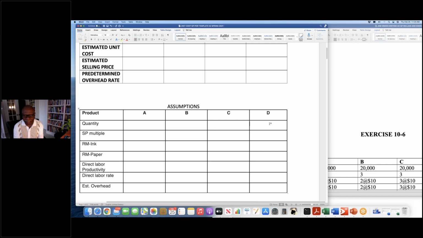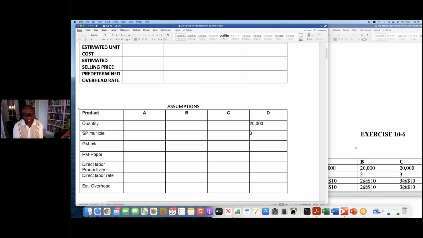We're making 20,000. What is our selling price multiple? It's 3. It's the one he already gave. He already gave us information. Oh, okay. My bad. Yes, 3. Teamwork.